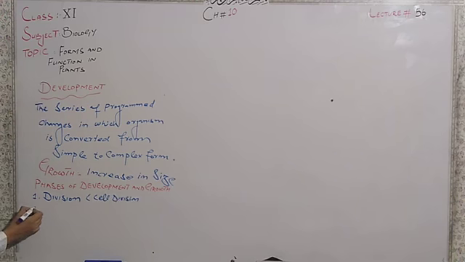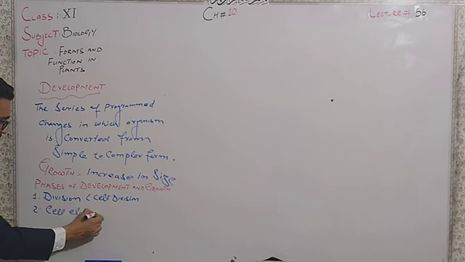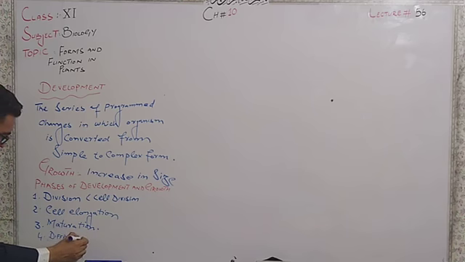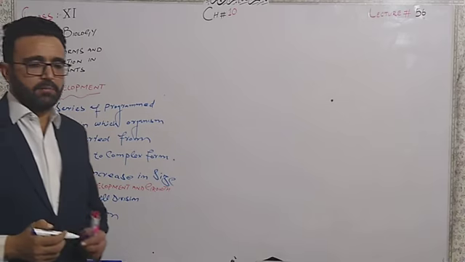Second is cell elongation. The third one is maturation. And the fourth one is differentiation.